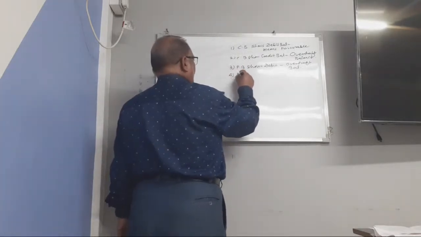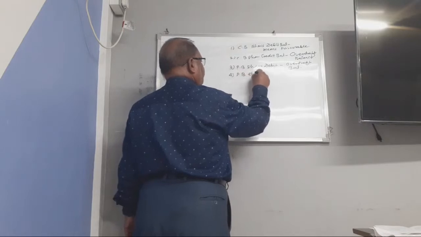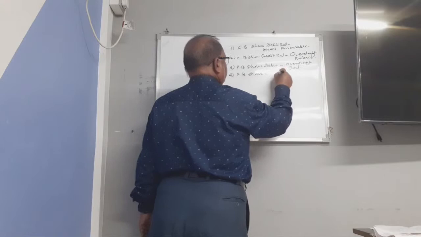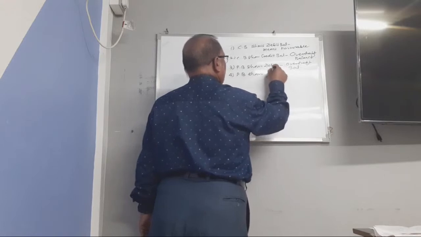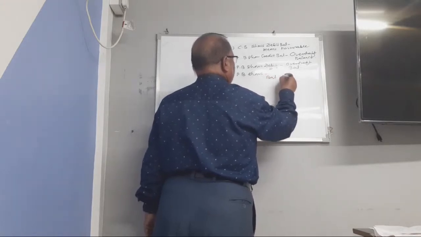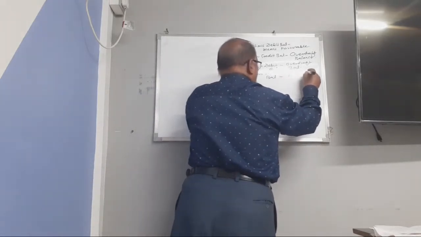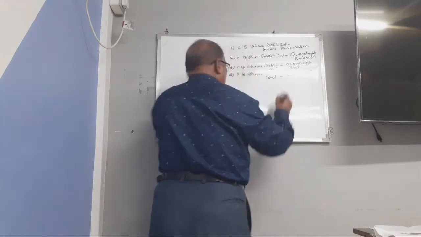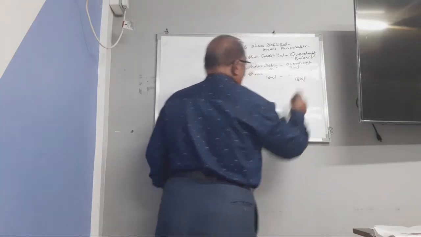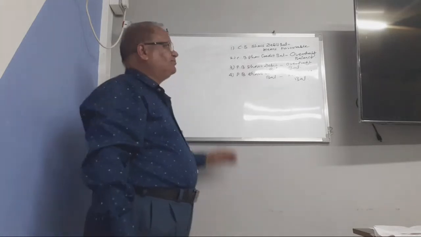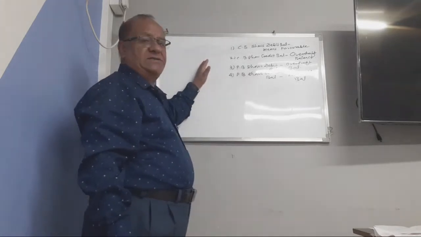Then when the passbook shows a credit balance, it is a favorable balance. By finding these balances, we may prepare a bank reconciliation statement.